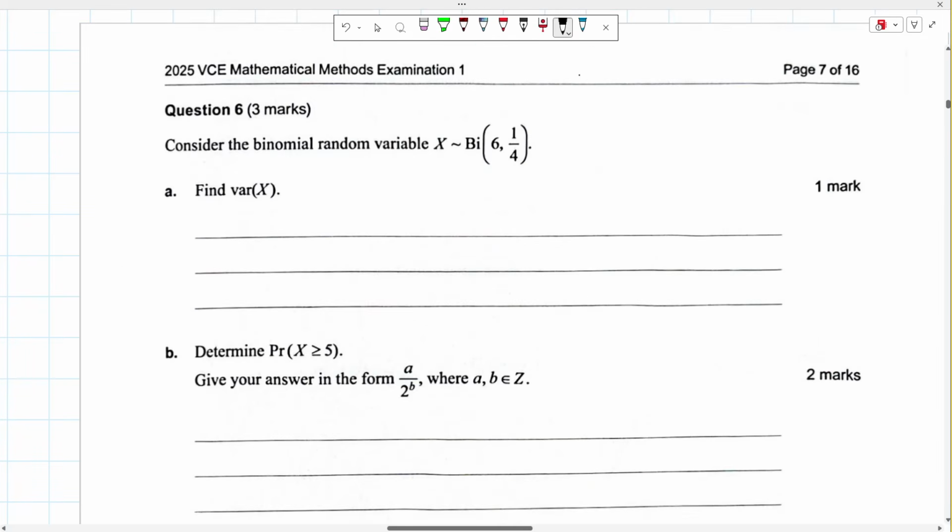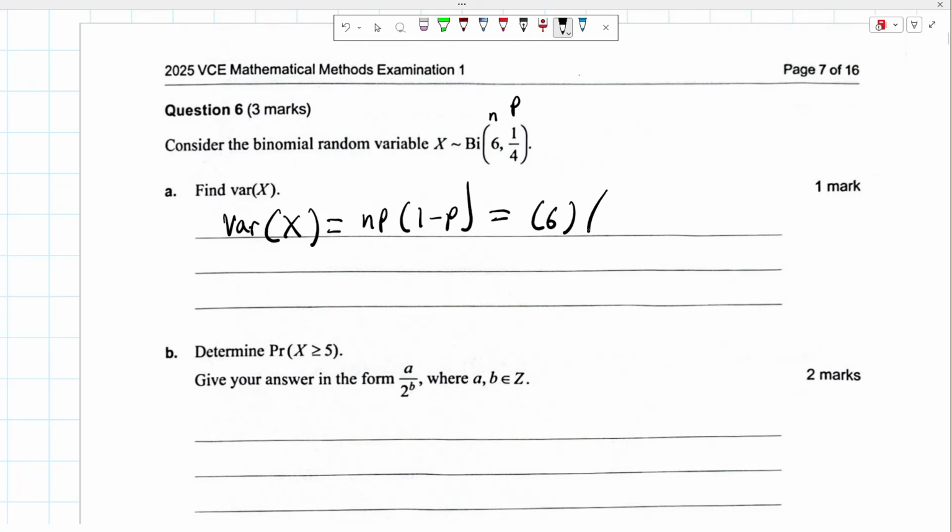Okay, consider the binomial random variable with 6 trials, so n value is 6, and the probability of success is a quarter. Find the variance of x. So if you remember the formula for variance for a binomial random variable, that's np times 1 minus p. Right, so what's n? It's 6, p is a quarter, 1 minus a quarter is 3/4.